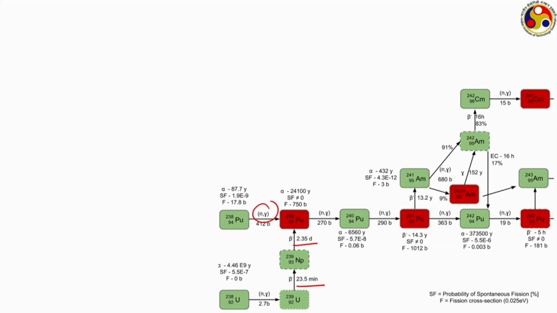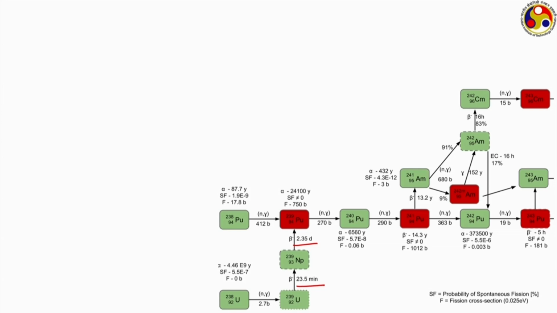This plutonium itself can also capture some further neutrons. So, if it goes through 2 steps of further neutron capture, step number 1 here and step number 2 here, then it leads to the formation of plutonium 241, which is a highly unstable isotope. And now this plutonium 241 can also go through 2 possible kinds of reaction.